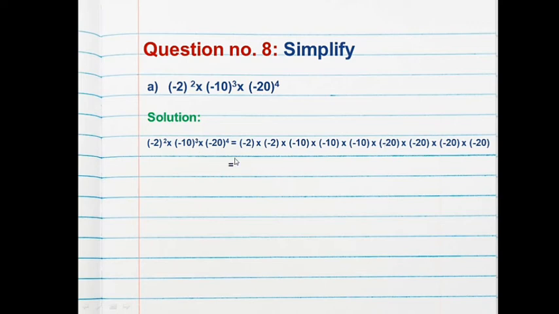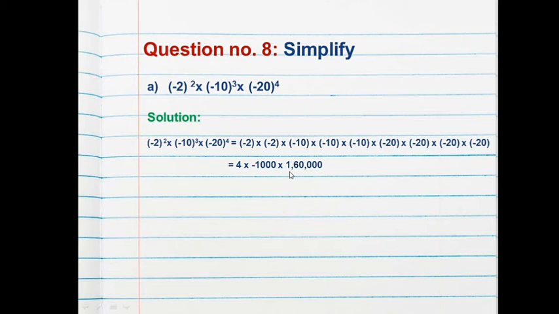So we will get 4 into minus 1000 into 1,60,000. So how? Minus 2 into minus 2 will be plus 4, then minus 10 into minus 10 into minus 10 will be minus 1000, then into minus 20 into minus 20 into minus 20 into minus 20, that equals 1,60,000.